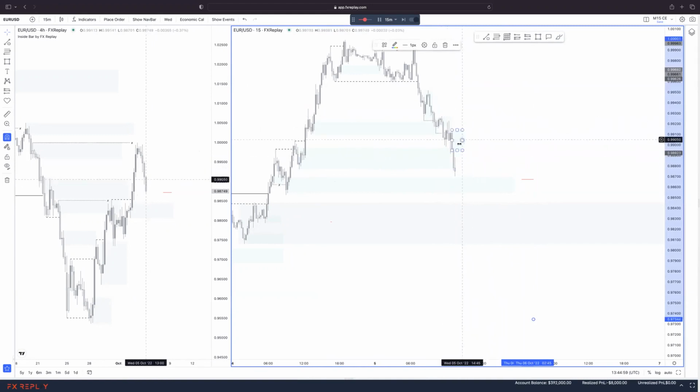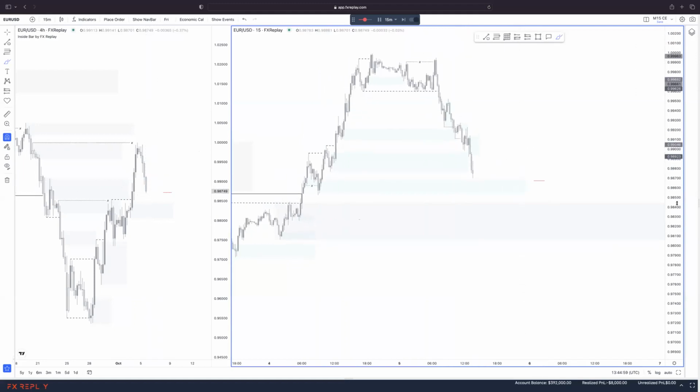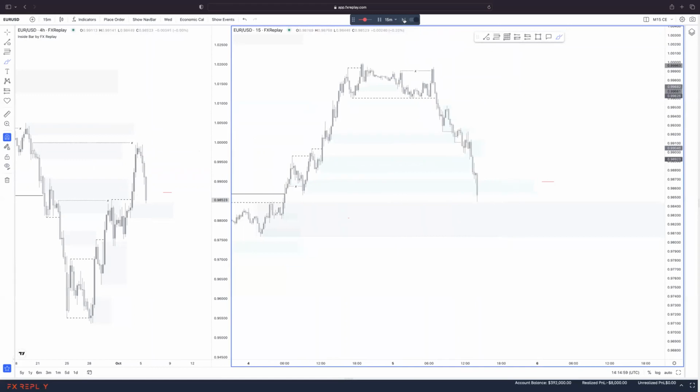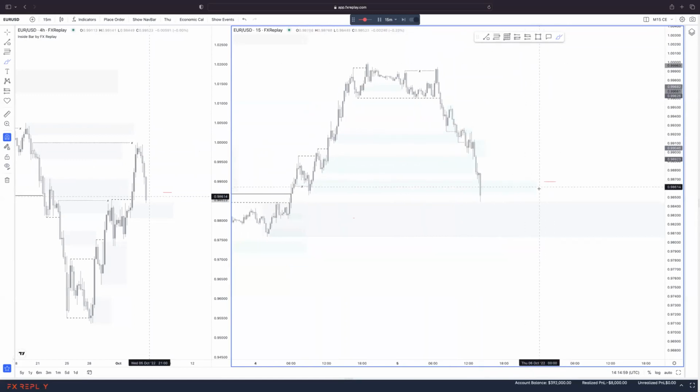See, we got a bit of reaction to that demand, but they just pull back into this range and then continue lower. So supply is still clearly in control. And we have this supply here. You can just follow the mitigations, but didn't sweep liquidity. It could easily be swept to mitigate something in that wick. So wouldn't really leave a risk entry there, to be honest. And yeah, we just keep selling off.